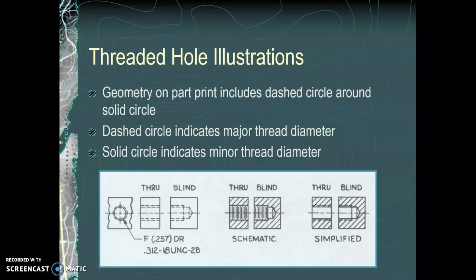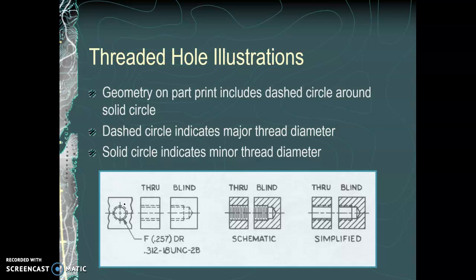So it just sort of shows a bit of an outline around that hole, indicating the presence of threads. This simplified method is obviously simpler to draw and doesn't quite provide the same sense of realism, but rather communicates almost more as a symbol that threads are present.